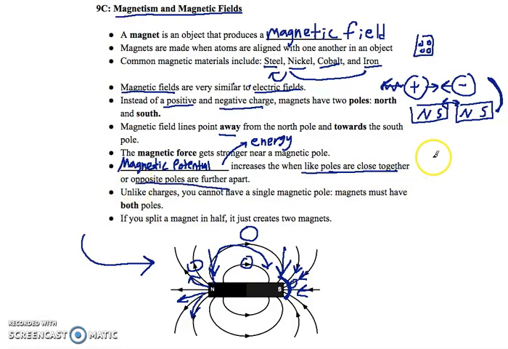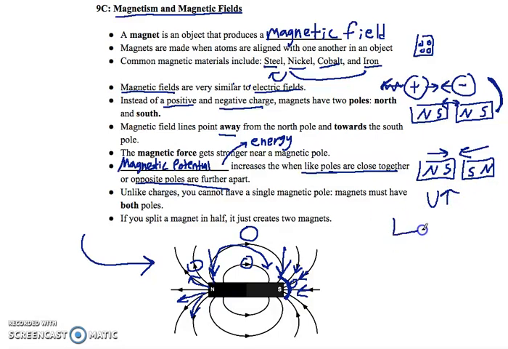So if you have, sketch it quick, two south poles close together, if you bring them together, they don't want to be near each other. So if you do that, you're storing more and more energy. They're going to fly apart more violently when you let them go. So you're increasing the potential energy if you bring like poles together.